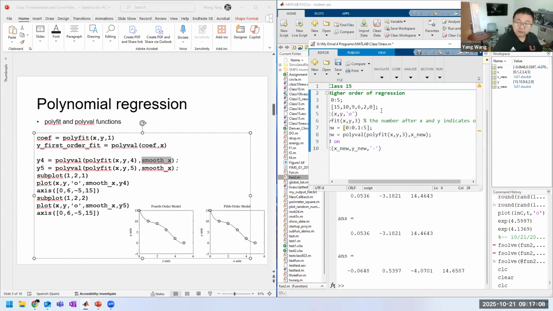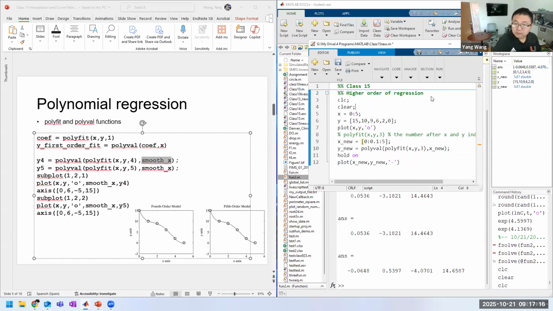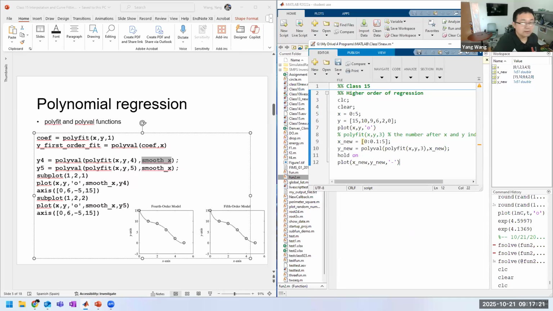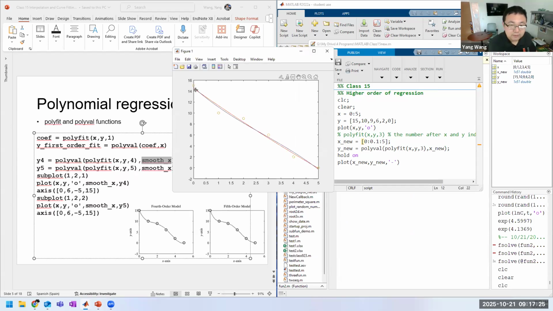So now we don't need to have this term anymore. Okay, so let's do CLC clear. Run this function again. Now you can see this is a third order polynomial, right? You can see that the data will actually try to fit better. So it's trying to further reduce the error here.